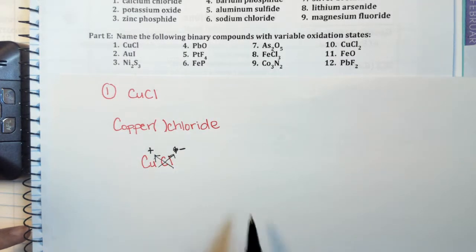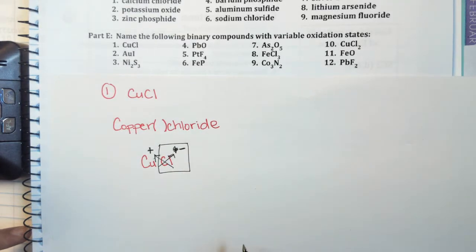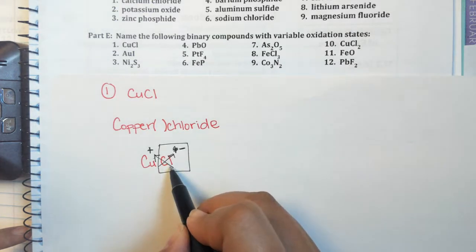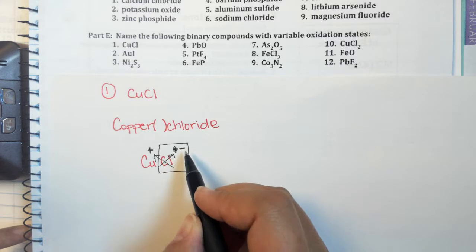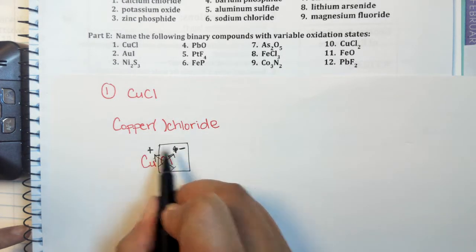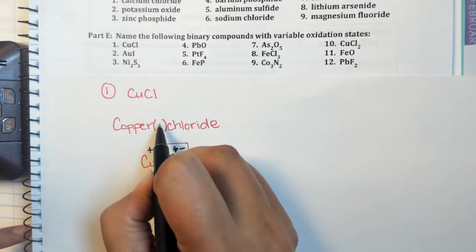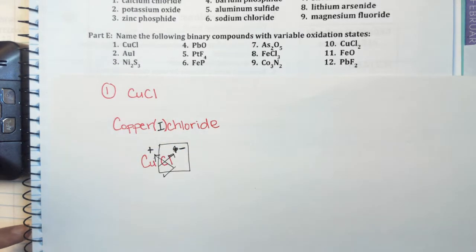The last step is we check to see if the nonmetal is going to have the correct oxidation state. Does chlorine normally have a -1 oxidation state? Yes. So I can keep it the same. I don't have to multiply the oxidation states by anything, so I'm going to keep copper as an oxidation state of 1.